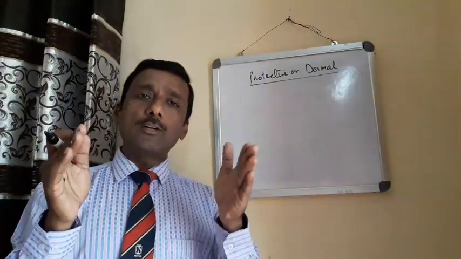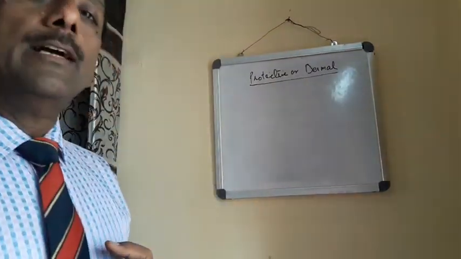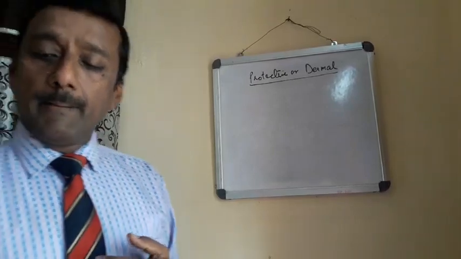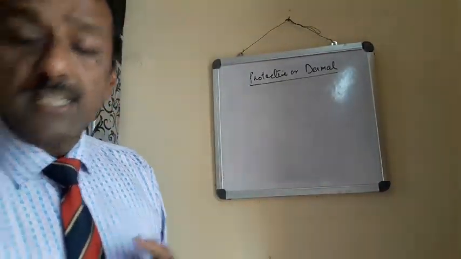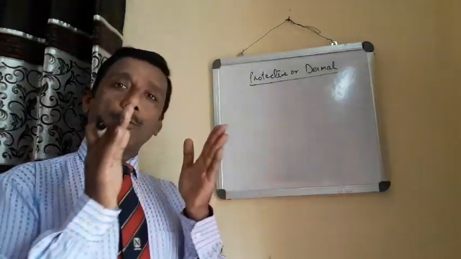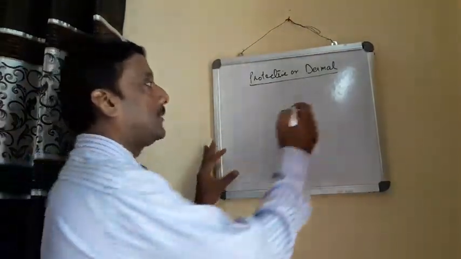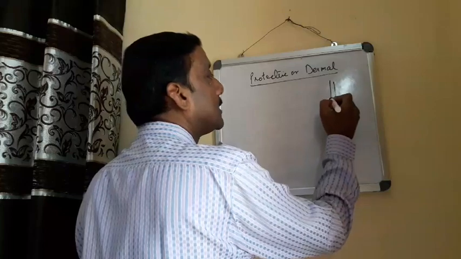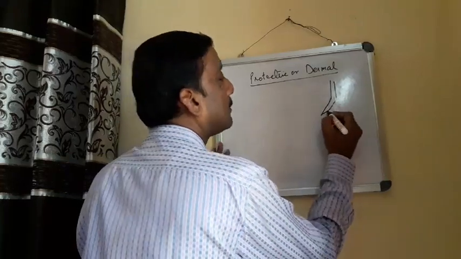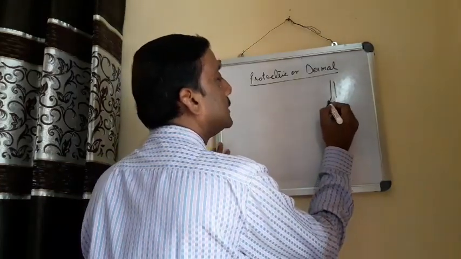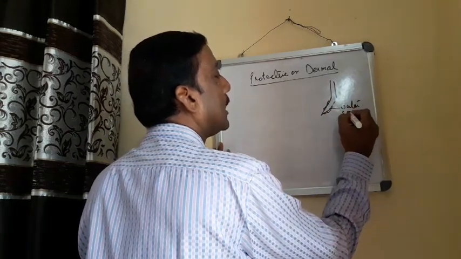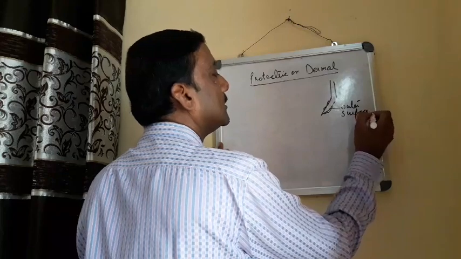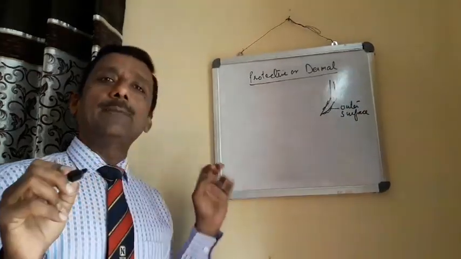Now the location of protective or dermal tissue is basically that they are present on the outer surface of root, stem or leaves. Like for example, suppose this is a root here. Now they are present in the outer surface. This is an outer surface. They are present in the outer surface of root hairs, stems and leaves.